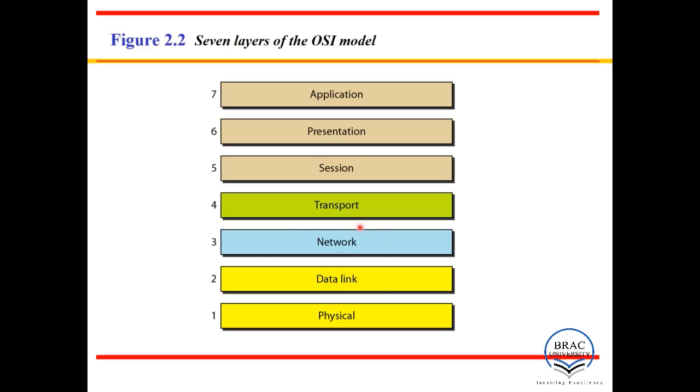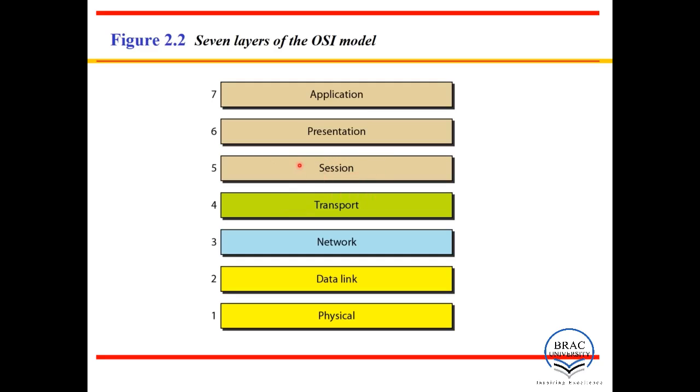Then we have the network layer. In this layer we will talk about different devices, hop to hop connection, and IP addresses. In the fourth layer we will talk about different types of protocols such as TCP and UDP, how the communication is done, what segments are, and so on.